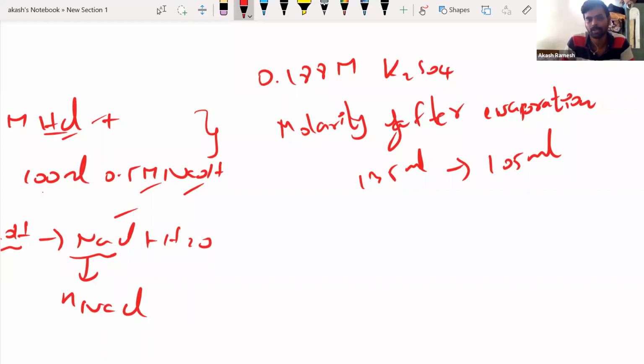Okay, guys, now answer this question. I understand that water is evaporating. Now, will the number of moles of K2SO4 change before and after evaporation? It won't change. That is the clue here. Okay, go for it.